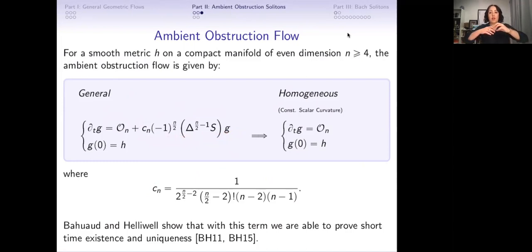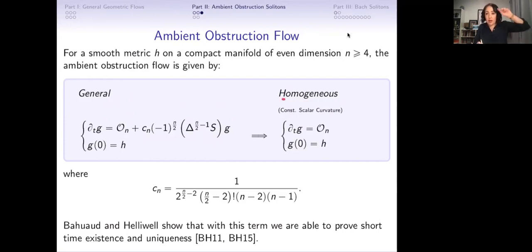Now, looking at solitons for the first time, no one's ever really considered them, so I want to look at the nicest case possible, which is why I'm going to focus on looking at only homogeneous manifolds.